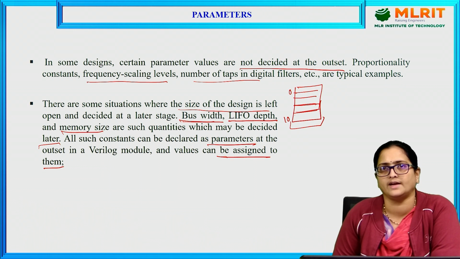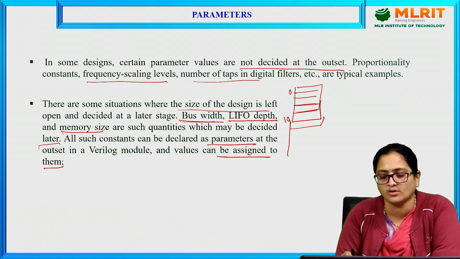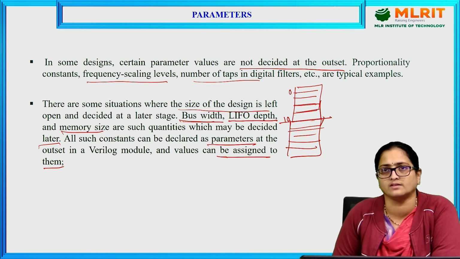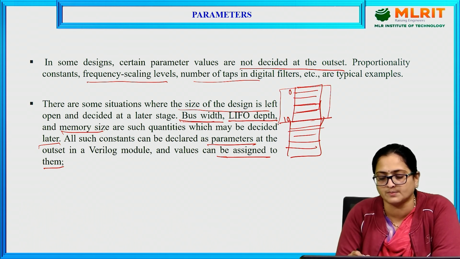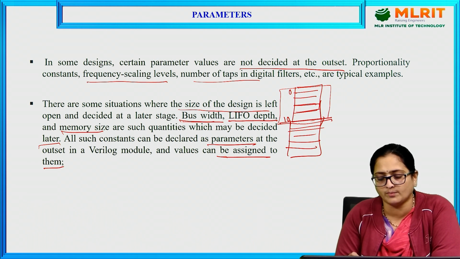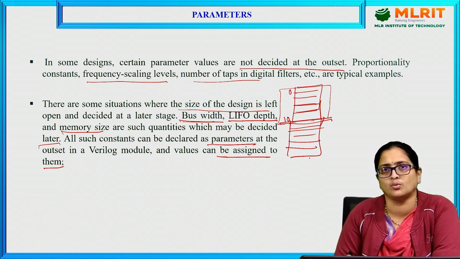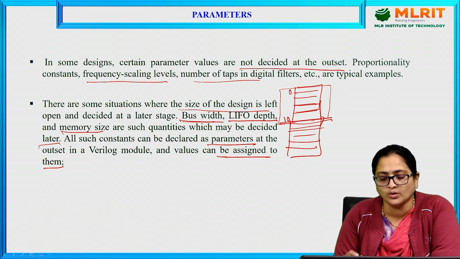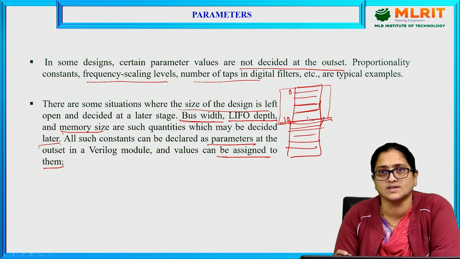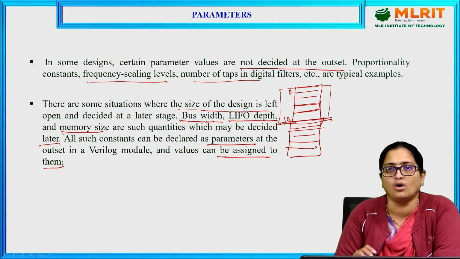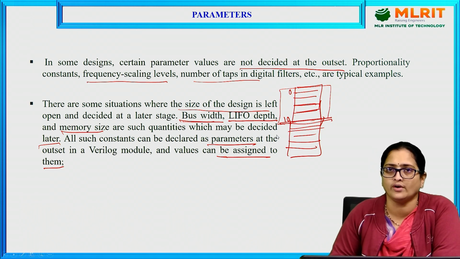But at the end, I want to add 10 more variables here, or I want to increase my storage length. Then what will I do? I will leave this parameter open, and the size of the parameter can be decided while you are writing the program.